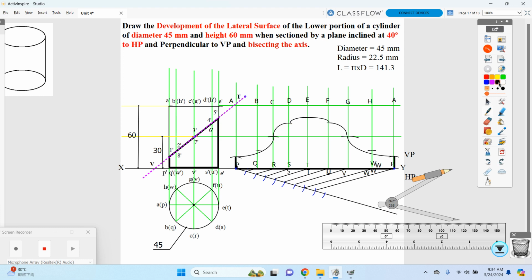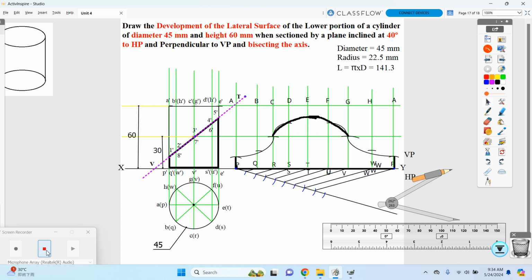Over here I have considered the big one, but it may look like this. Okay, this is your development of cylinder condition with bisecting.